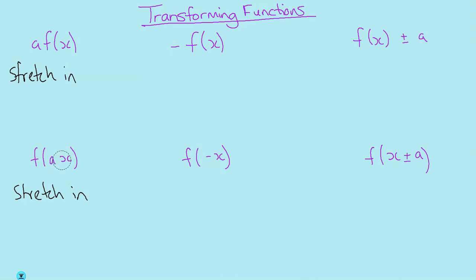The brackets will always lie. What's actually happening here is a stretch in the x, but the x isn't being times by a, it's being divided by a. So, for example, if we have this, it means the x values are all going to be divided by 2, but the y's are staying the same. Which means this one must be the stretch in the y.